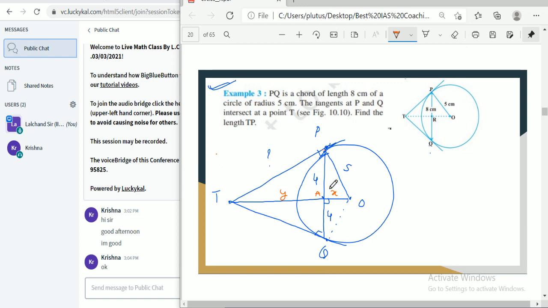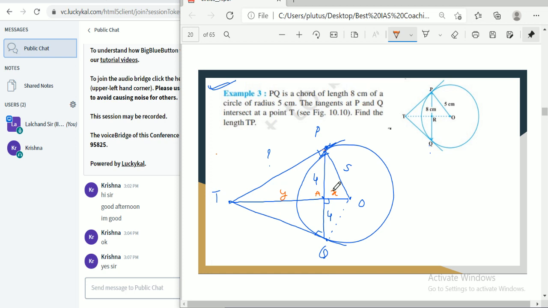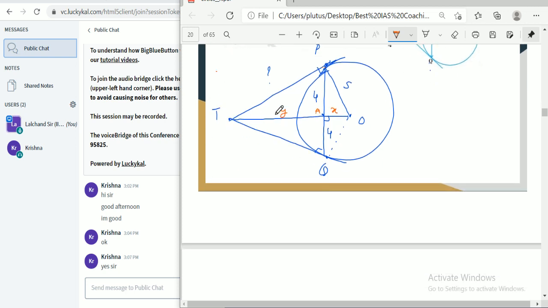What is the value of x in this diagram? Can you find the value of x using the Pythagoras theorem? In the right angle triangle PAO, x square plus 4 square equals 5 square.